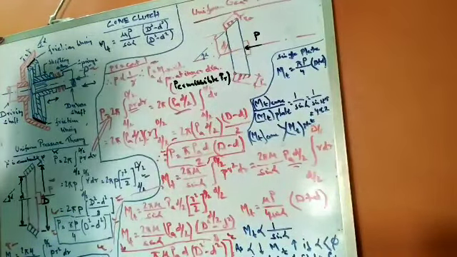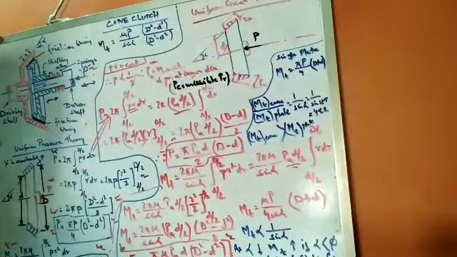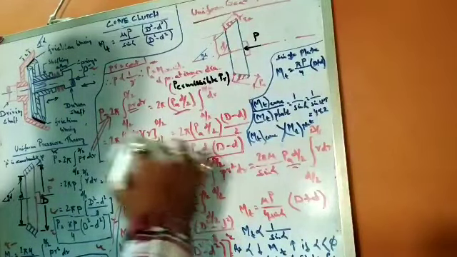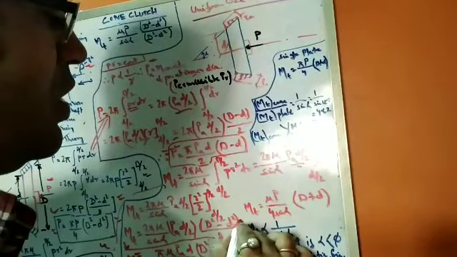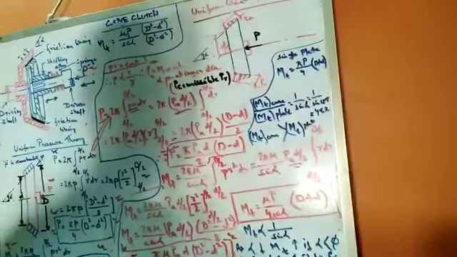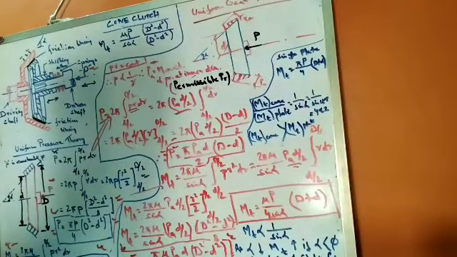So when we divide the torque transmitted by uniform wear by the load applied to the uniform wear, we get this form of expression for uniform wear theory.